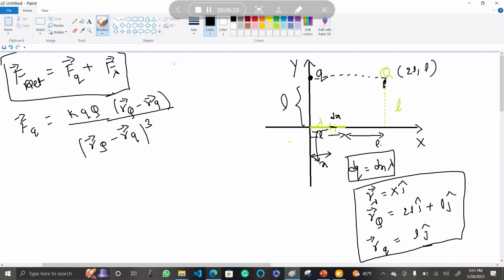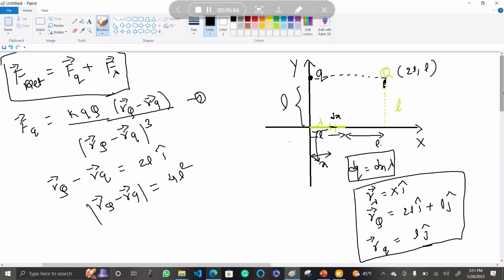So I am following this proper rule. Now I calculate rq minus rq' equals 2l i, and its modulus |rq - rq'| is equal to 4l square.